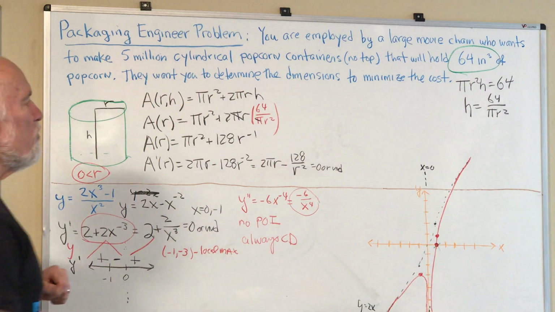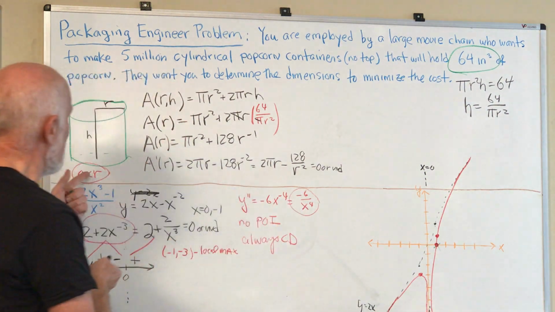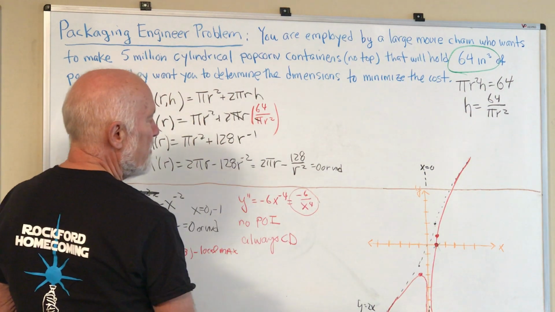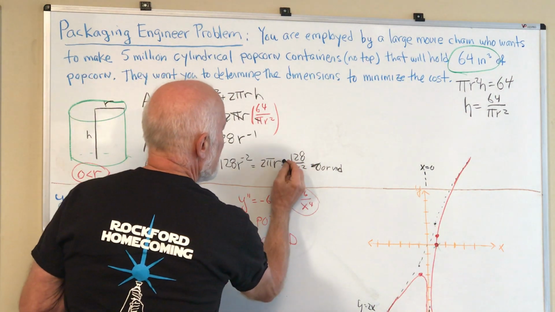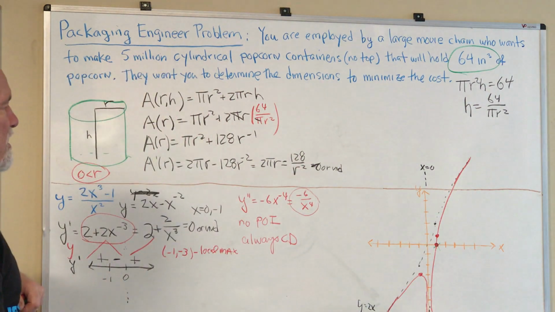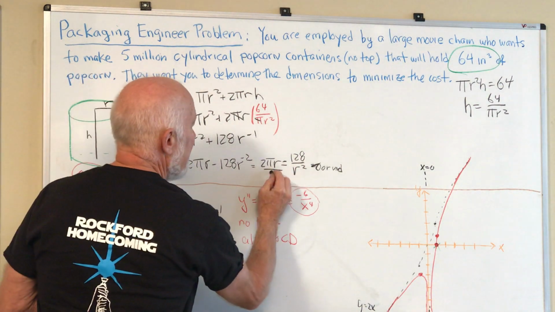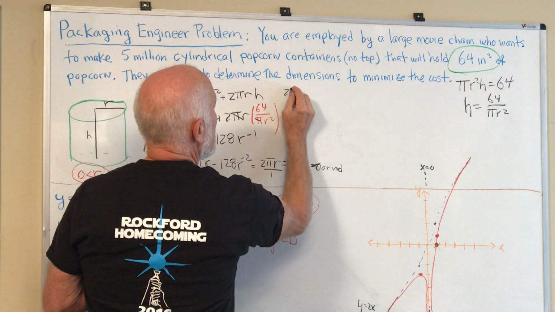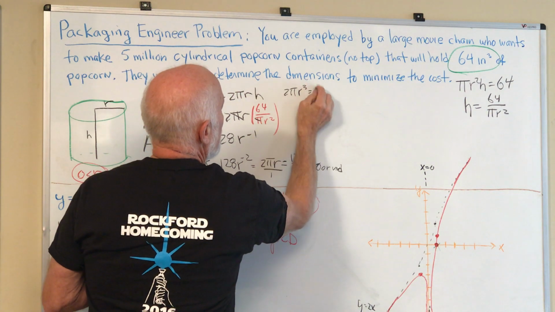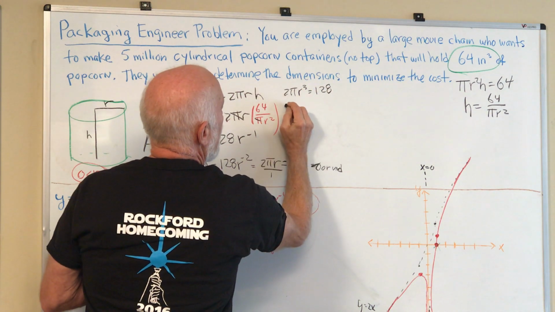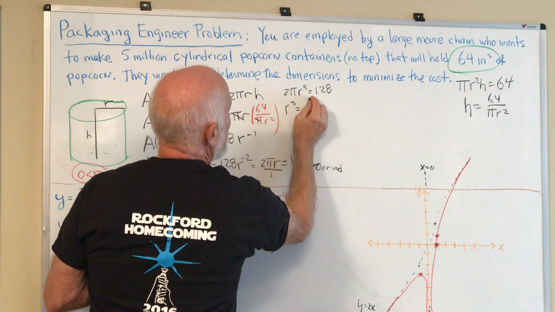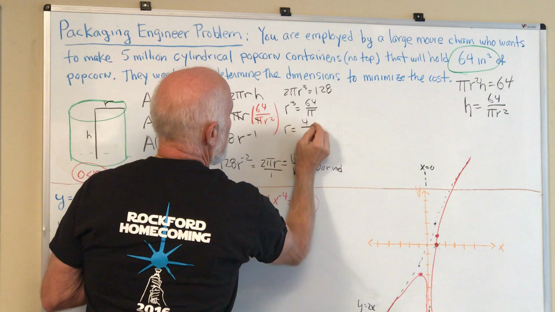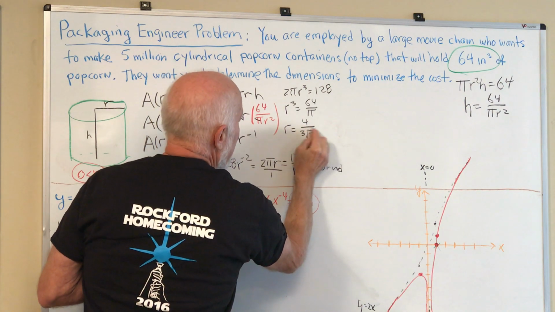But is this ever going to equal 0? Because r equals 0 is not in our domain. Well, if I want to set this equal to 0, I can basically just do that and cross multiply, and I get 2 pi r cubed equals 128, or r cubed equals 64 over pi. So r is going to be 4 over the cube root of pi.